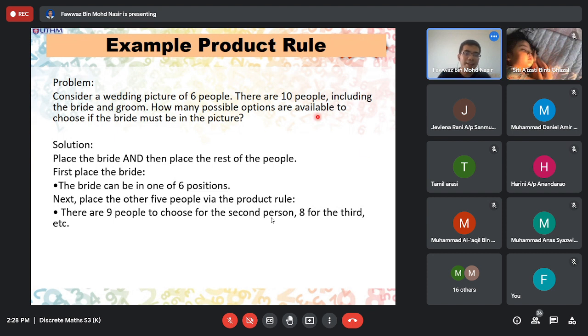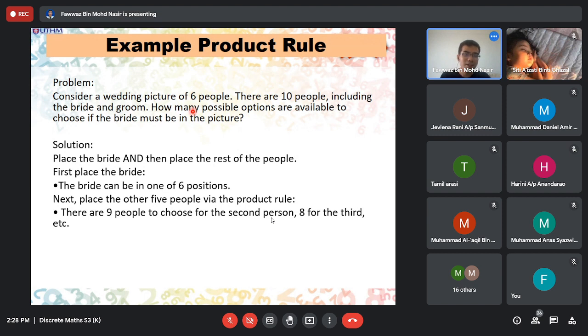Okay, then daripada 9 orang tu, sebab kita ada 6 seat dalam picture tu, salah satu seat kita dah letak bride, so kita tinggal 5 seat. So daripada 9 orang tu, kita kena cari jalan macam mana kita nak choose 5 orang untuk position dia dalam picture tu.